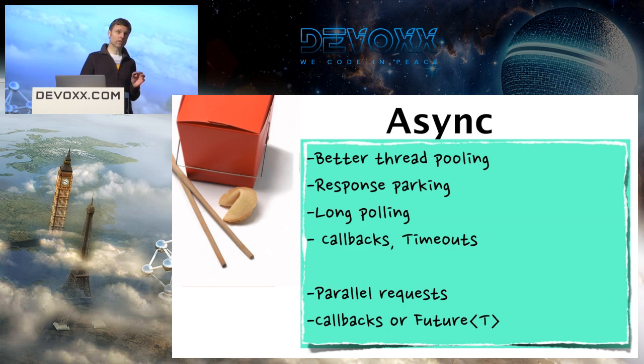On the client, you get parallel requests, so you could implement something we know from every browser, using a JAX-RS client to download 20 images in parallel. And also on the client side, you get callbacks or futures, so you can either supply callbacks or invoke methods that return a future object, which you can then poll to see if the request has already been performed.